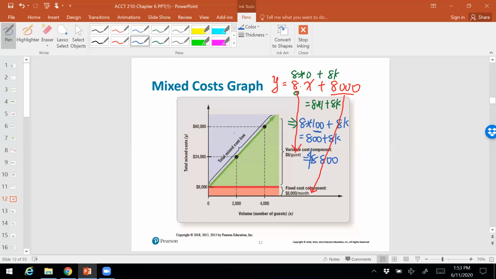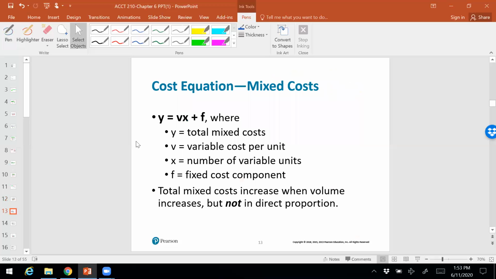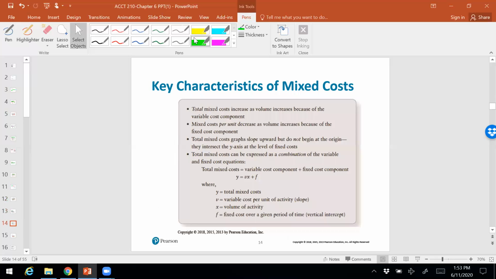This is how we use our model to make the prediction. So here is the equation: y = vx + f, where f is the fixed cost, v is the variable cost, and x is your volume.